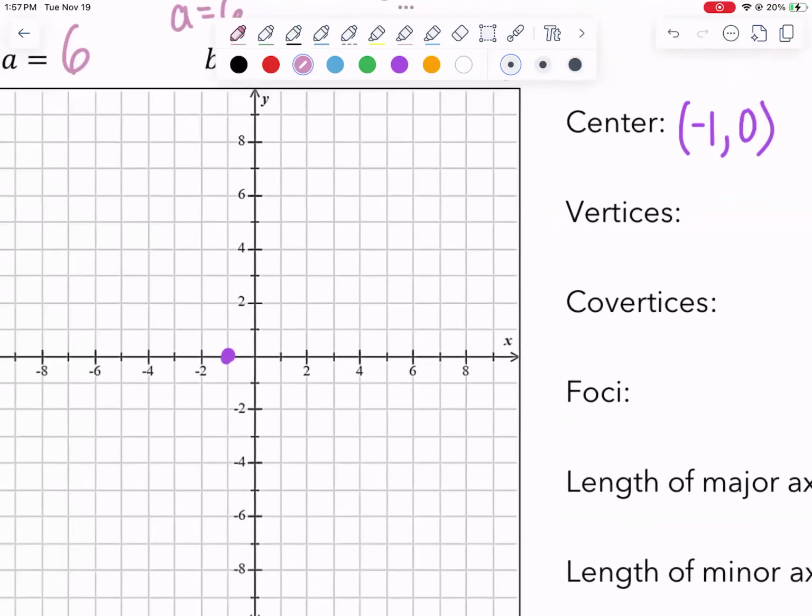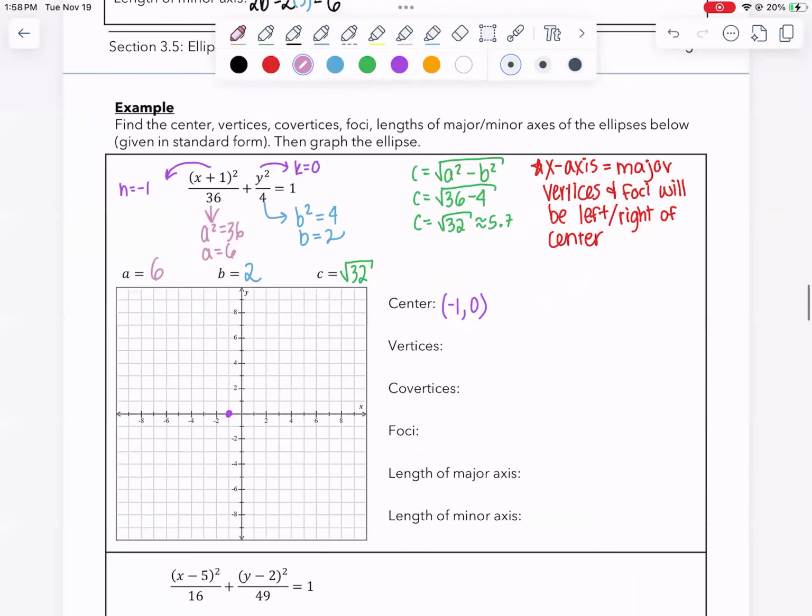So a is 6. I'm going to go, and sorry if you needed to write that down, take a moment, pause the video. What I love about doing this not in class is that I can say just pause the video. All right, I'm going to go to the left of the center, 6 units. 1, 2, 3, 4, 5, 6.